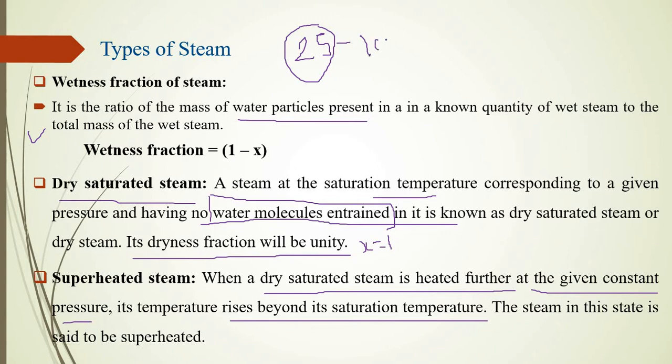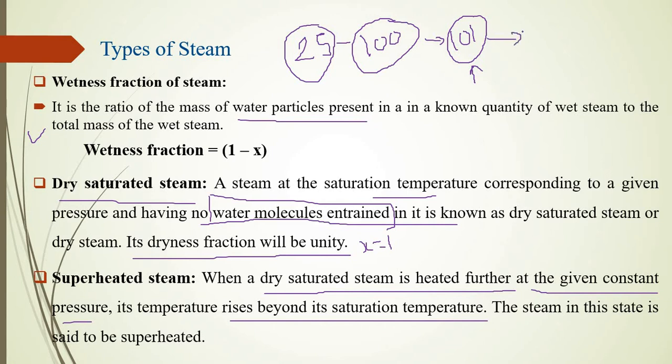Then it reaches 100 centigrade, and it is still completely in liquid form. Then when its temperature rises slightly to 101 centigrade, the water is converted into steam, that's called the saturated temperature, meaning the water is totally converted into steam.